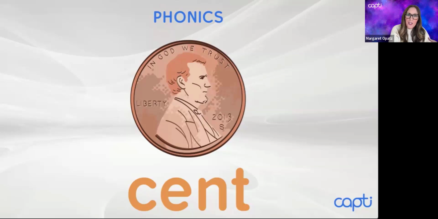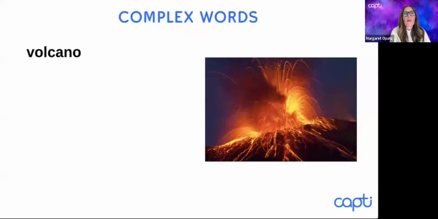But that wasn't the only issue. I was teaching 4th and 5th grade, and in the state that I was teaching in, this was a common thing that my students saw within a textbook. They were learning about volcanoes, and they saw this word volcano. They would show me how they could even tap out the various sounds in the word, which is very complicated when you get to a word like volcano.